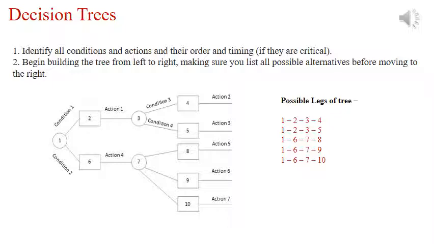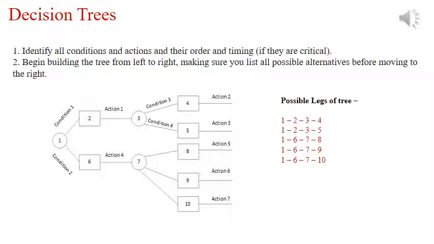So here we are showing a diagram of a decision tree where we start from the left and the root is in a circle and it has sequence 1. Thereafter it has two children having sequence 2 and 6. Thereafter, 2 has action 1 and 6 has action 4.